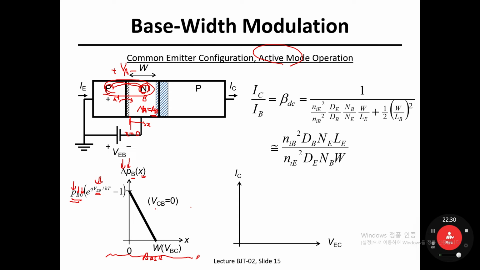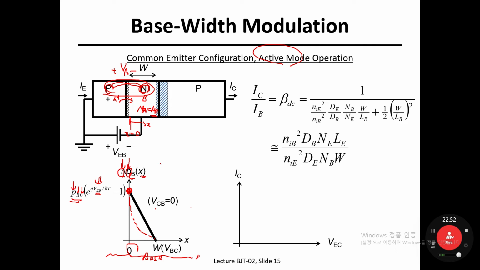Depending on this voltage difference between emitter and base, your initial excess hole concentration in the base at x of 0 would be determined. And this excess hole concentration would originally be exponentially decreasing.